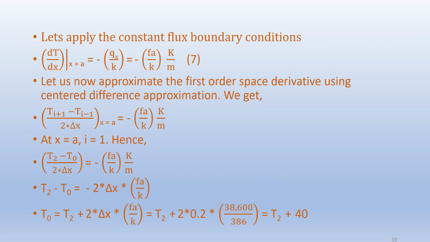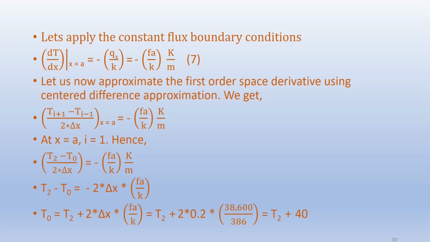Let us apply the constant flux boundary condition: dT over dx at x equals a equals negative of Qx over K equals negative of Fa over K in kelvins per meter. Let us now approximate the first order space derivative using centered difference approximation.